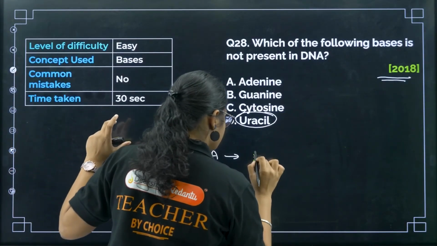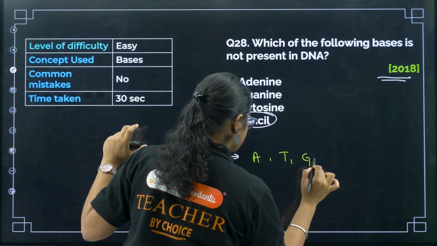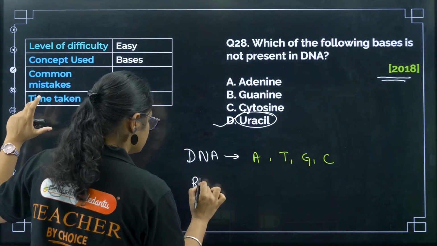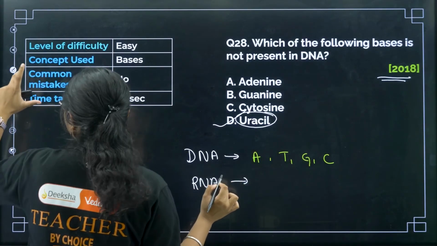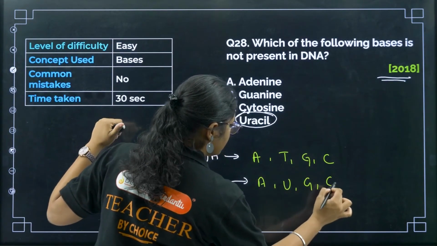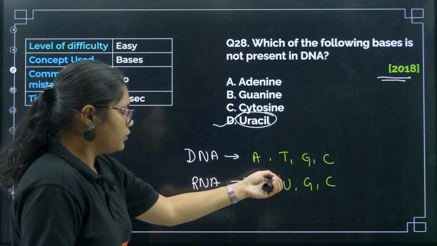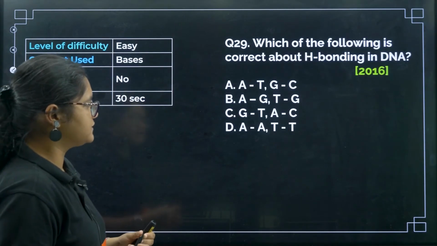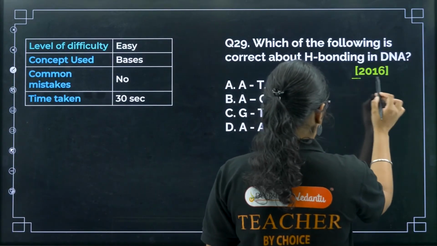In DNA we have A, T, G and C. Okay, and what about RNA? So in RNA you have the same thing, only in case of T you have uracil and no thymine in RNA.